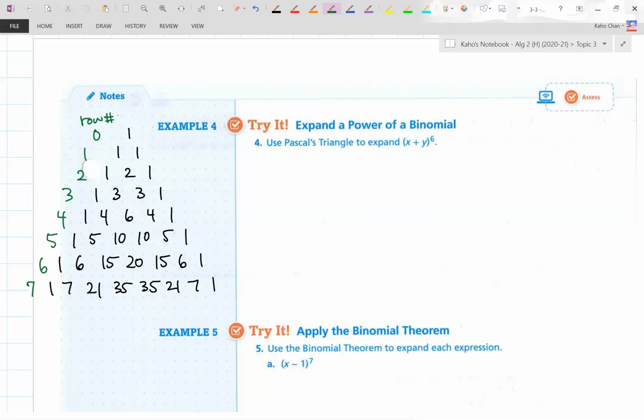So think of x as a, and think of y, the second half of this binomial, as b. We're going to expand this binomial using Pascal's triangle.